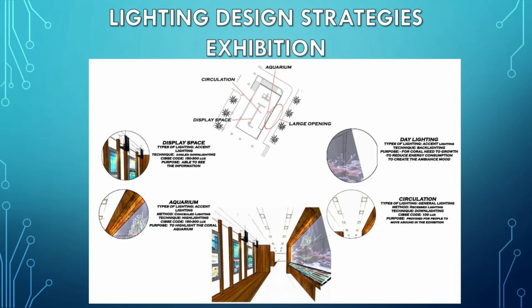For circulation, it uses recessed lighting that requires 100 lux to let people move around in the exhibition without bumping into anything. Lastly, the aquarium part uses concealed lighting to highlight the beauty of the coral in the aquarium. It requires 115 to 300 lux.